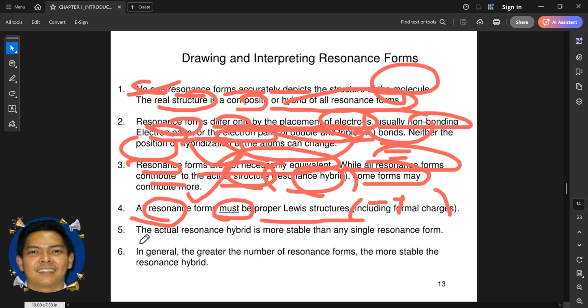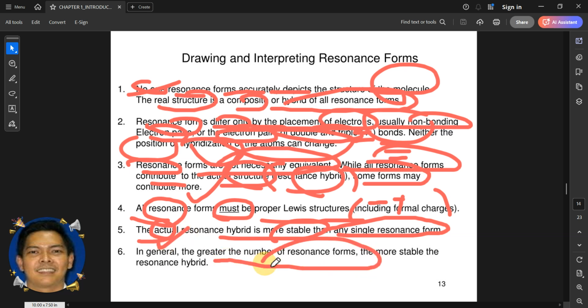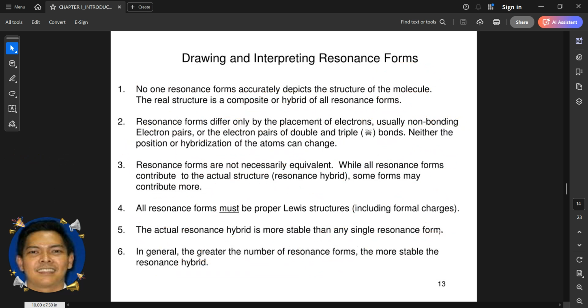The actual resonance hybrid is more stable than any single resonance form. In general, the greater the number of resonance forms, the more stable the resonance hybrid.